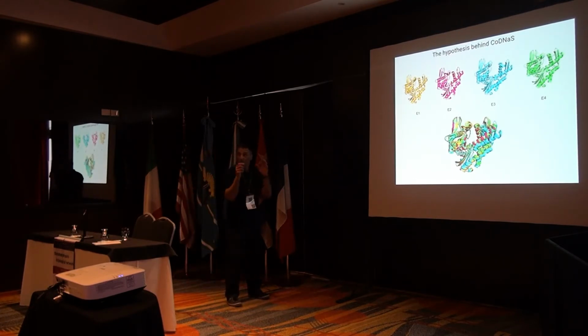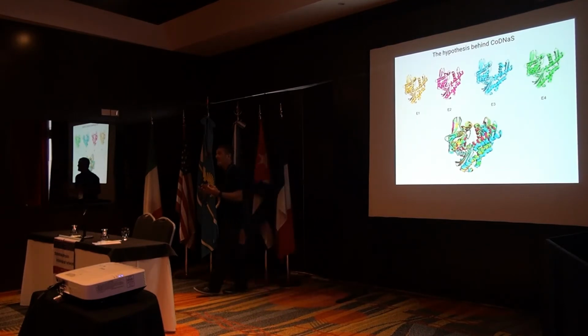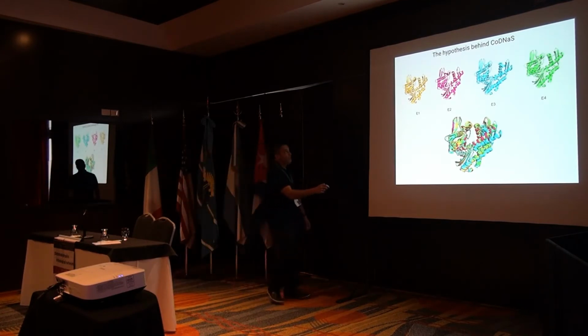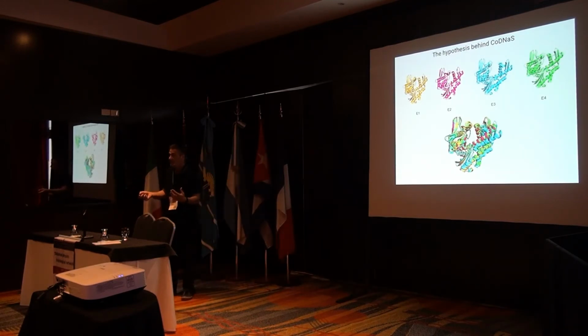So we took PDB and we collected a redundant collection of structures for a given protein. Here maybe you can find 4 different crystallographic structures for a given protein with 100% sequence identity.